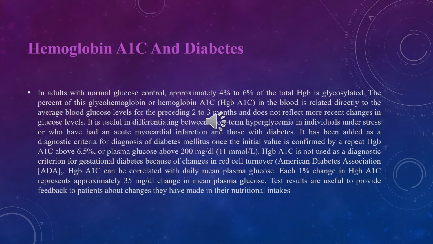The level of HbA1c in a normal person is 4 to 5.6, in pre-diabetes the level is 5.7 to 6.4, and in diabetes the level is greater than 6.4.